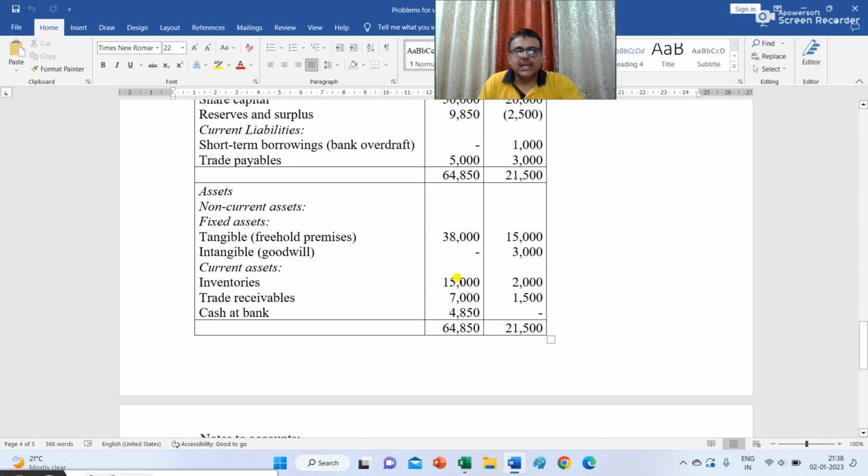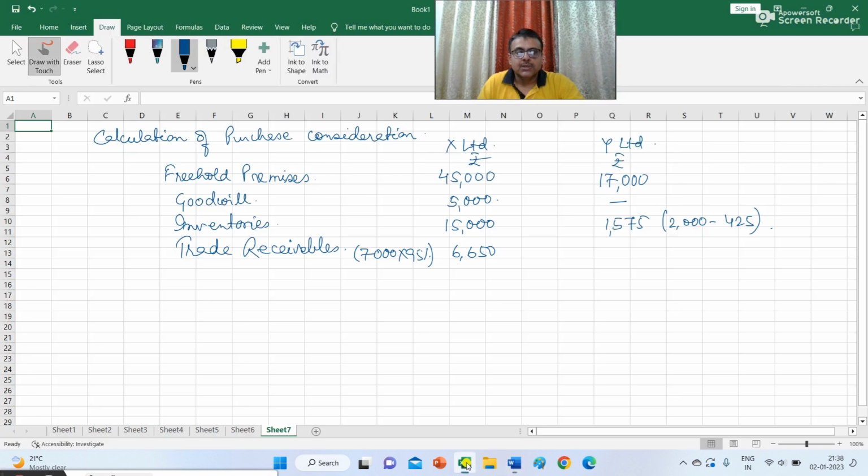And in case of Y Limited, you need to multiply 1,500 by 95%, because a provision has to be made for 5%. So you will get a figure of 1,425 in case of Y Limited. And cash at bank of X Limited is 4,850.